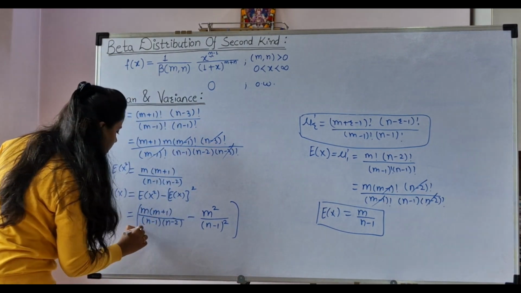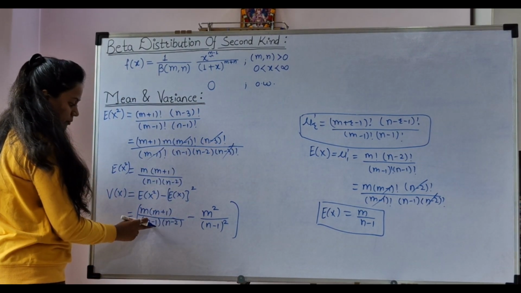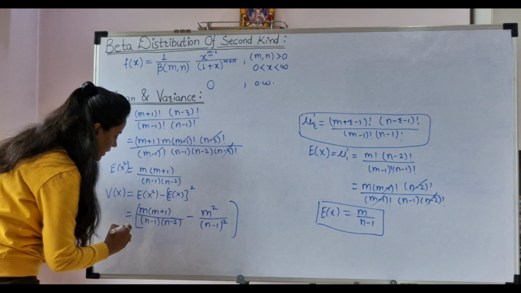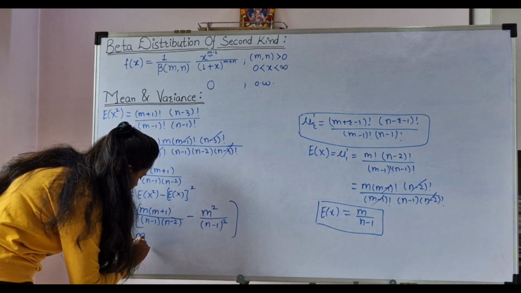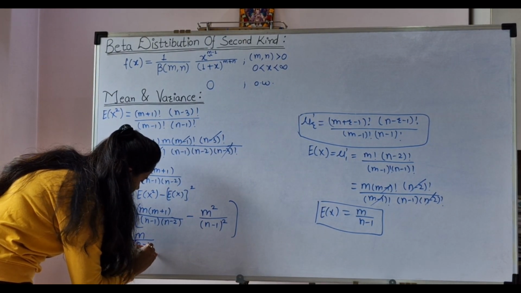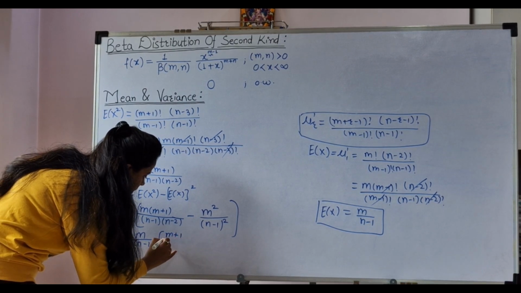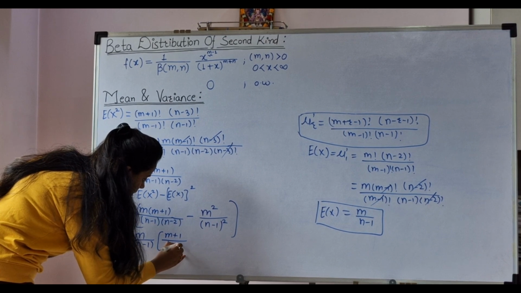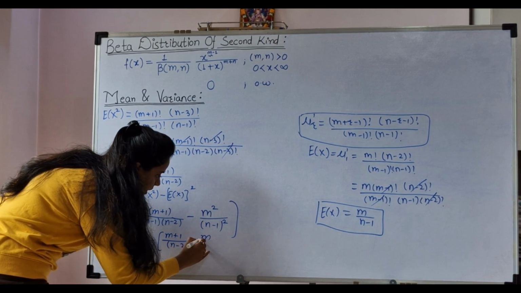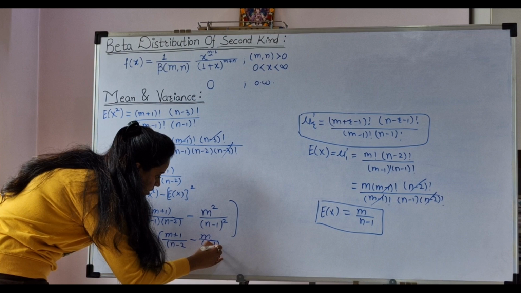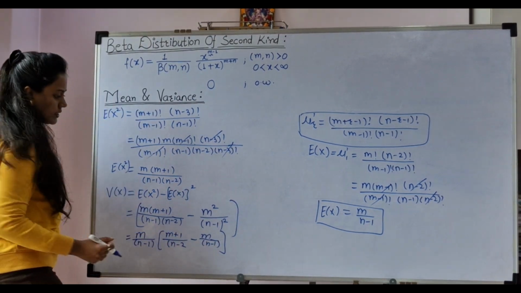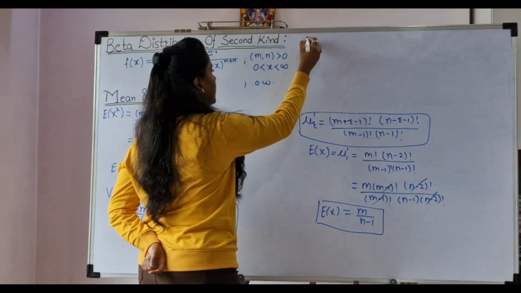Okay. Now here we can see m upon n minus 1 is common. So we can take it outside. So we will get m upon n minus 1. Now in bracket what will be there? m plus 1 upon n minus 2 minus m upon n minus 1. Right? Now let's take LCM. So what we will get?